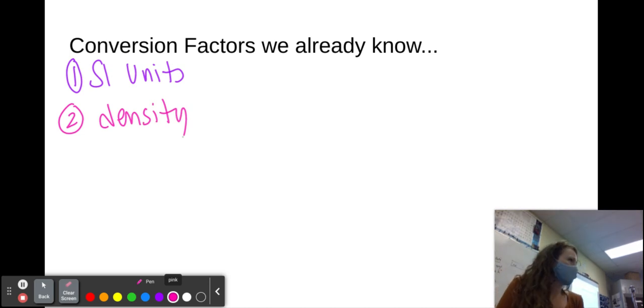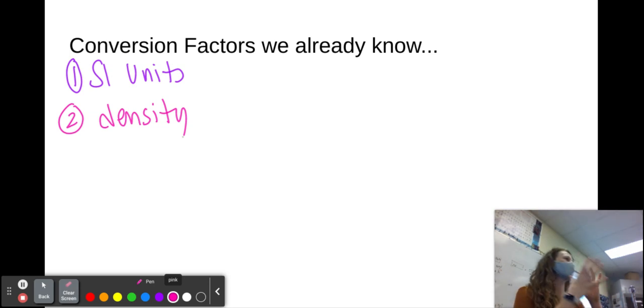Okay, another conversion factor that you probably already know or know about is density. What is density? I don't know how to explain it. It's like, if I have 4 balloons in this room, my room is not very balloon dense, right?